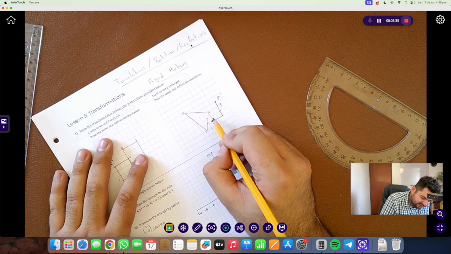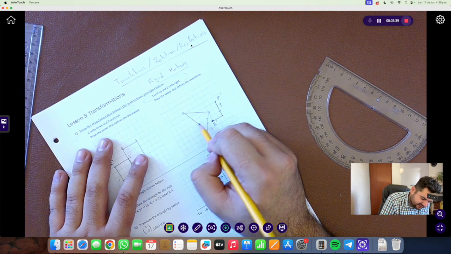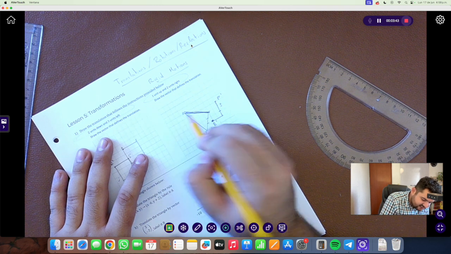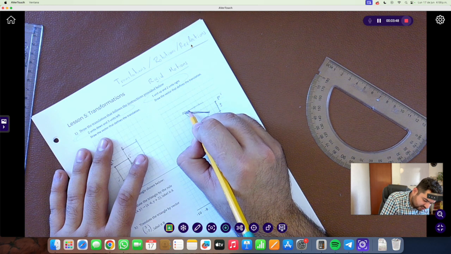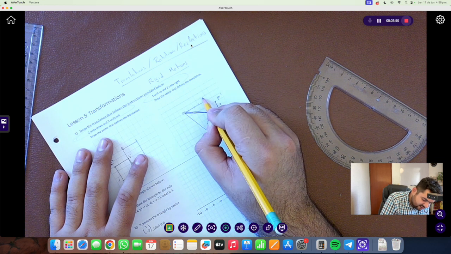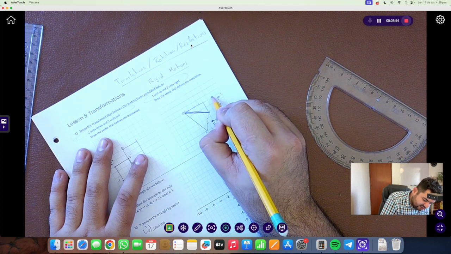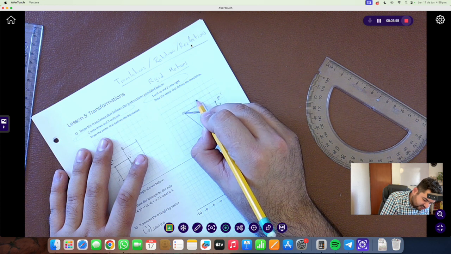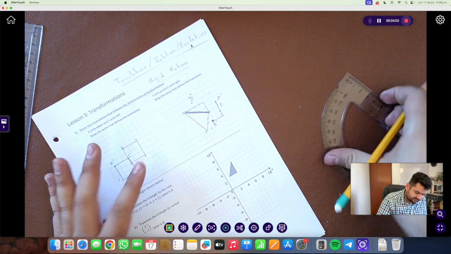One up and 2 right. I'm going to do it with the slope. So here, this angle is 1, 2, 3, 4, and 1 up, and 2 right. So I go 1, 2, and 1, 2, 3, 4. So here is D prime.